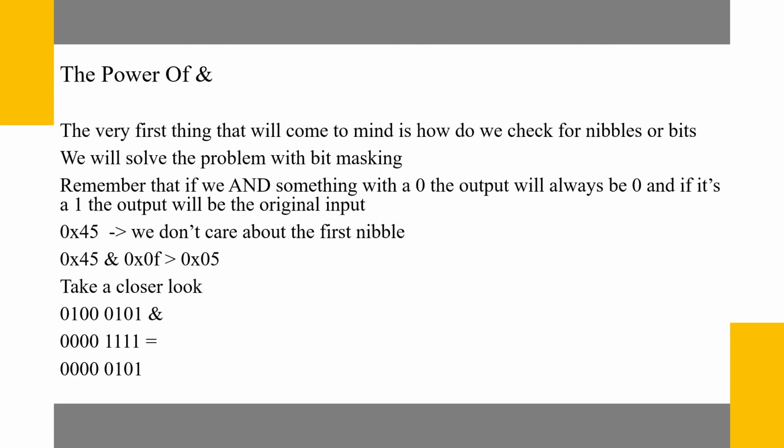Now, normally you can only check 1 or more bytes, but if you only need half a byte or a single bit, what would we do? Well, for that we use AND. If we care about a bit, we will AND it with 1, and if that is not the case, then with 0.